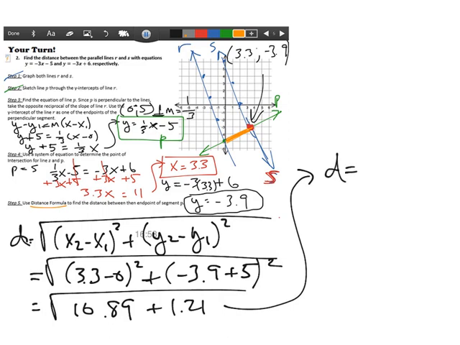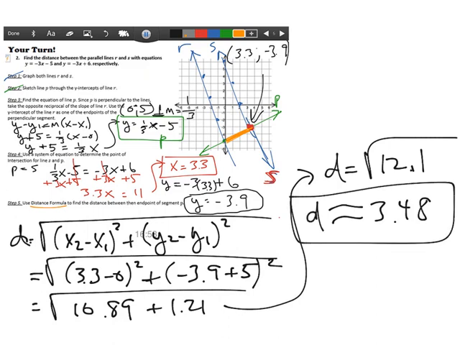I would finally get d, the distance between the two lines, would be the square root of 12.1, or around 3.48 units. I know that's a lot of work, ladies and gentlemen, but this is ACT type of work.